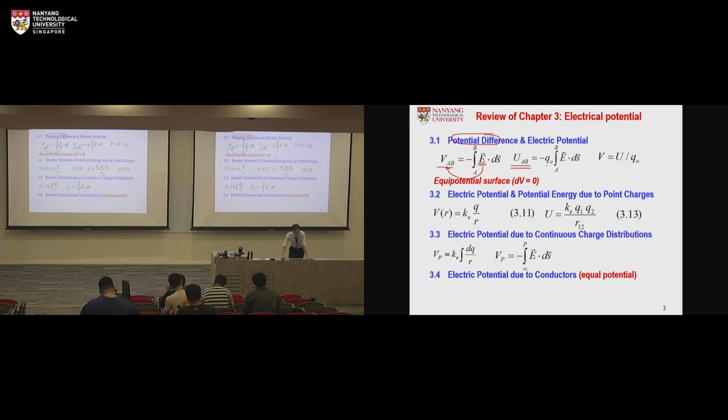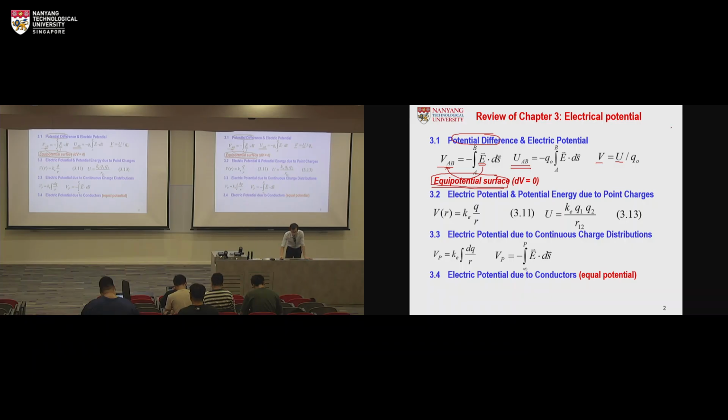Right? Well, this relation between potential and potential energy. And here is a related concept, the so-called equal potential surface. The name is quite straightforward. Means you have a surface where for this entire surface, the electrical potential V is the same at every point on the surface.